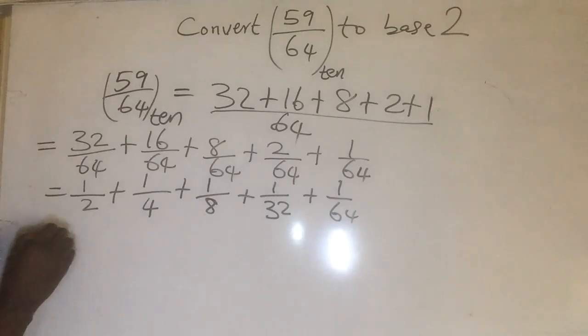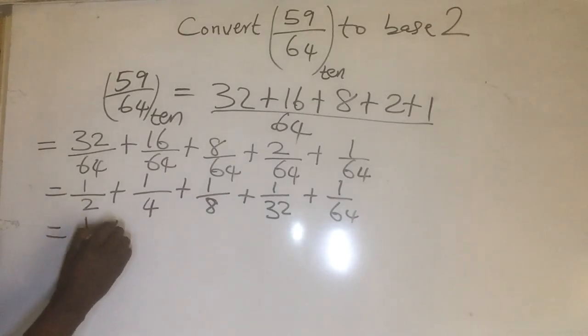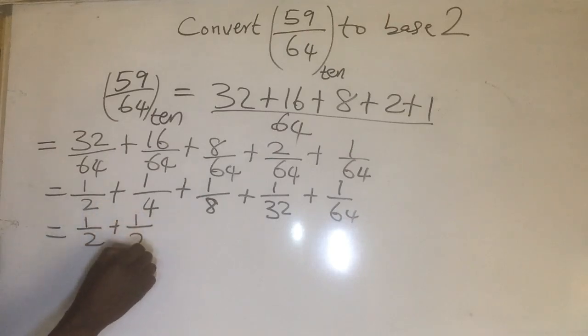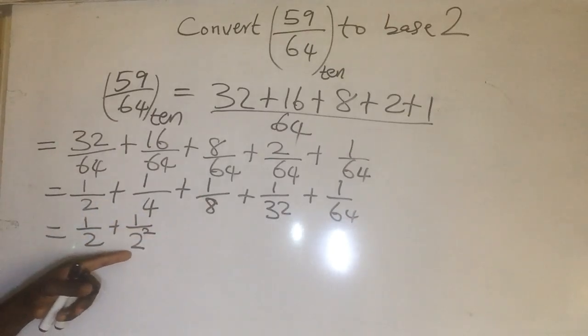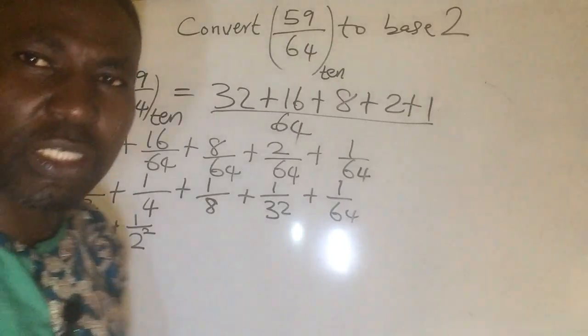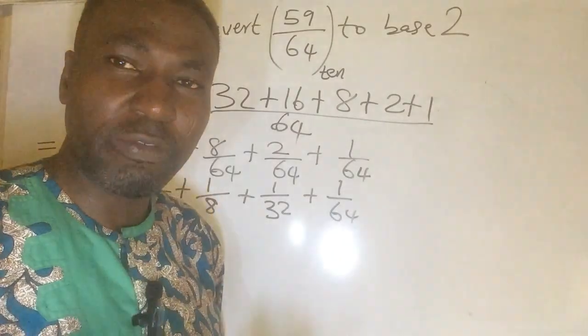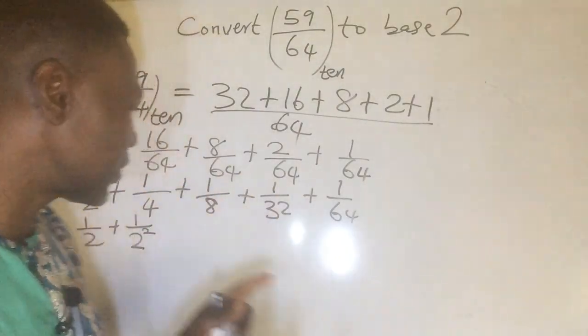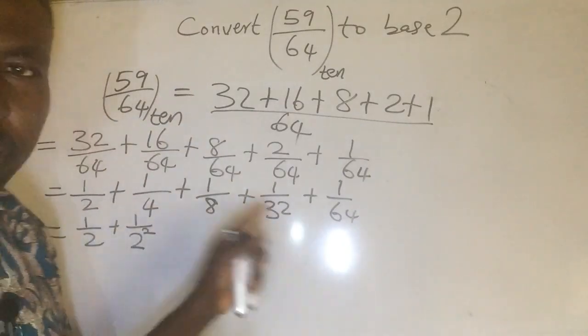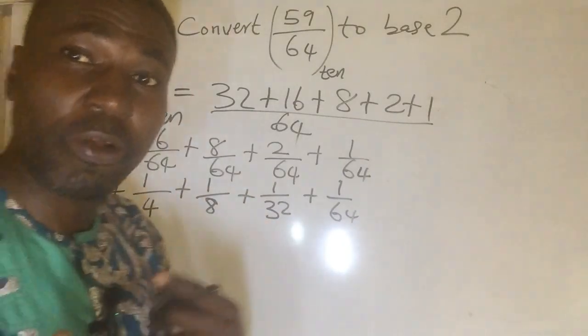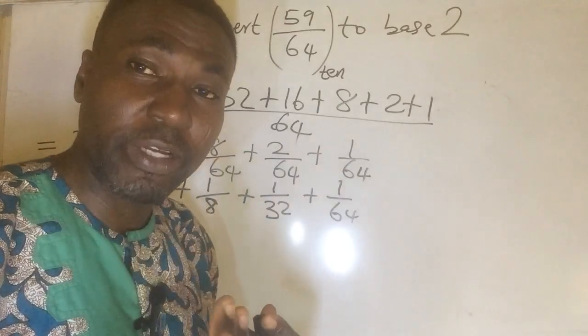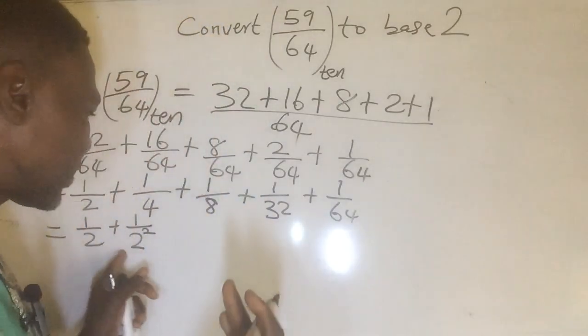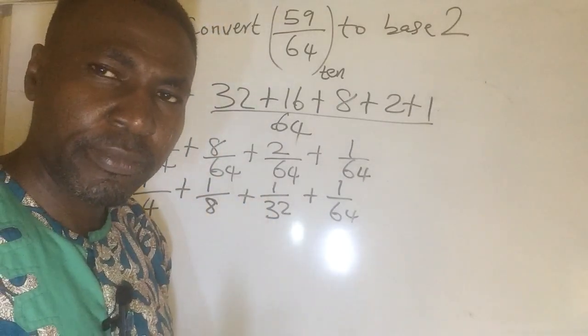Now we continue. 1 over 2 plus 1 over, reduce the 4 to 2, 2 raised to power 2. This is what we try to get. Since we want to convert it to base 2, all our effort is to get 2 down here. If we want to convert it to base 3, for example, all our effort is trying to get 3 down here.